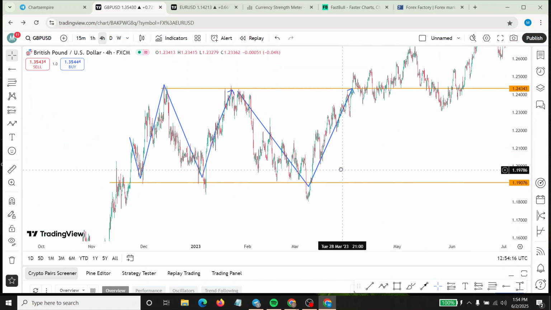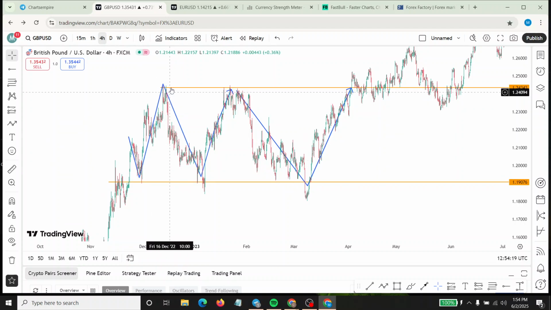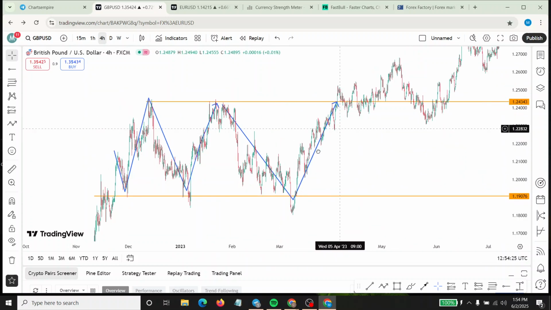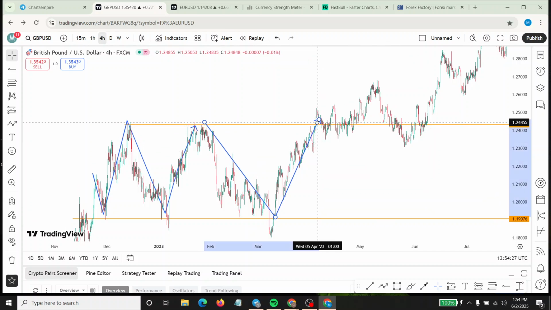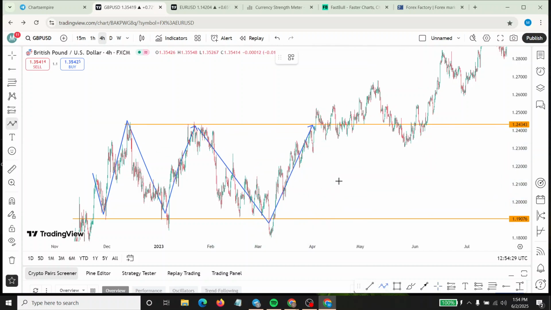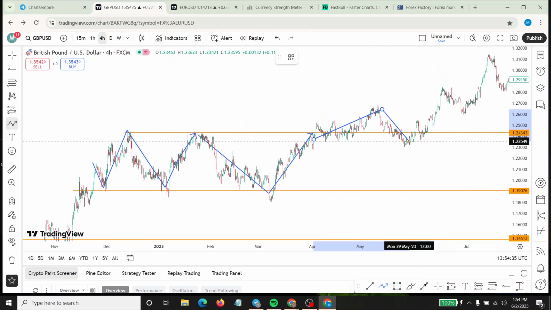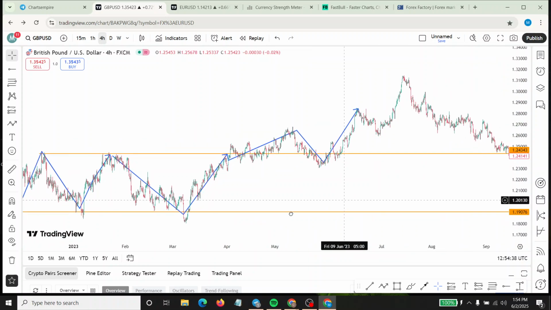You can see we are experiencing some kind of range here. First touch, sellers sold, buyers bought from here; sellers sold, buyers bought from here; and when the buy came here, we eventually had what? A breakout. And when that breakout happened, we had a retest of that breakout.